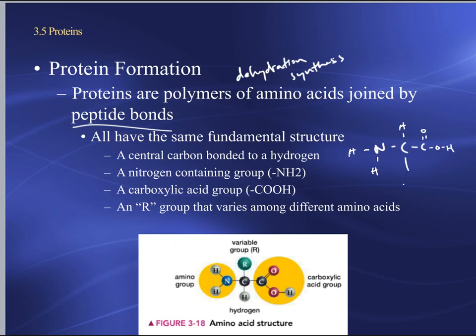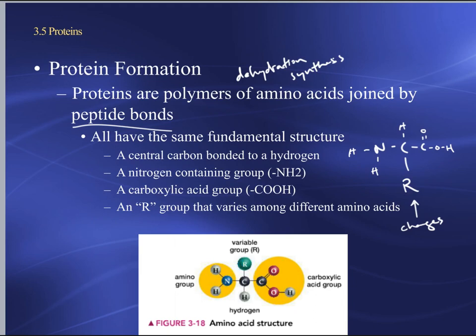And then in the middle here, we have this R group, and this is a group that changes. Everything else about the amino acids, the nitrogen, carbon, carbon backbone, is not going to change. This R group, right here, that I've drawn, and right here how they've drawn it, is variable. So it can be different things, and the cell will make that to do specific functions.